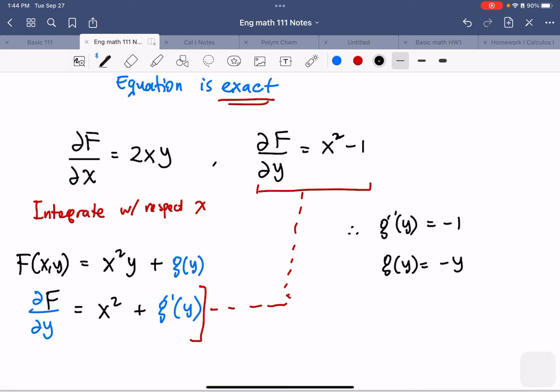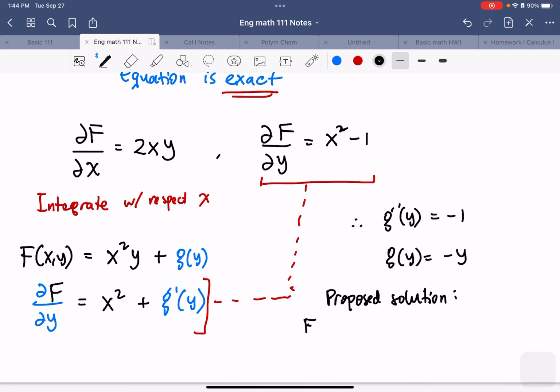So our proposed solution is f of x, y equals x squared y minus y. Or to be precise, it can be equal to anything because we don't have the initial value, right?